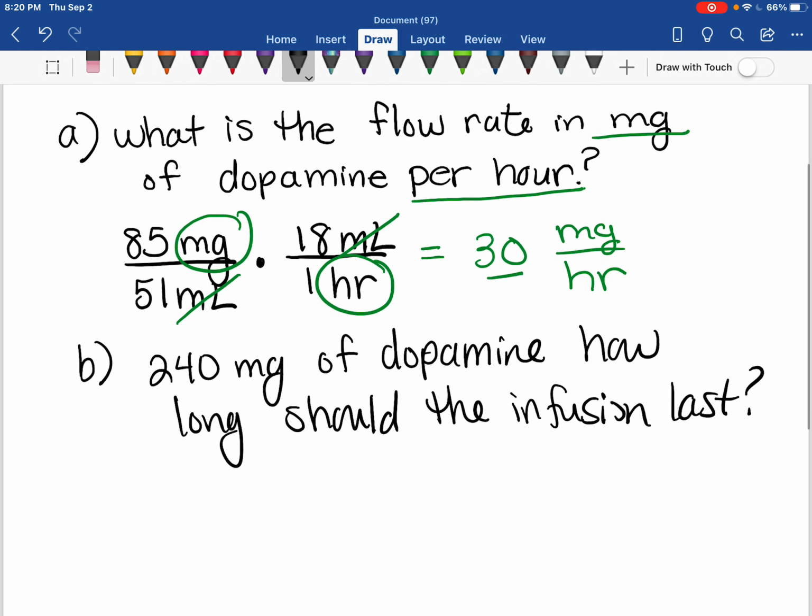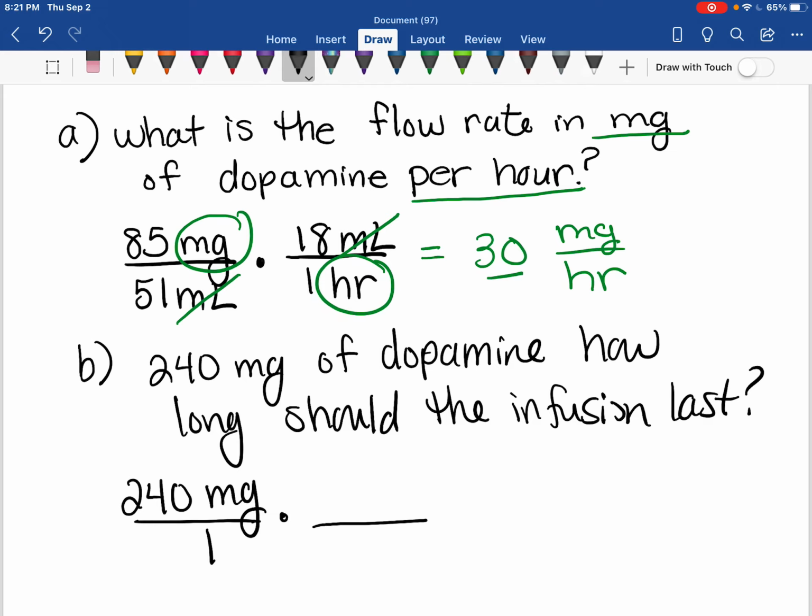Okay, so we know that we have 240 milligrams. That's given to us in the problem. So that's what we're starting with. That's what we know. We know that our flow rate is 30 milligrams for every hour. And that's what we got in the previous question in part A. So I'm going to use that to figure out my answer in part B.